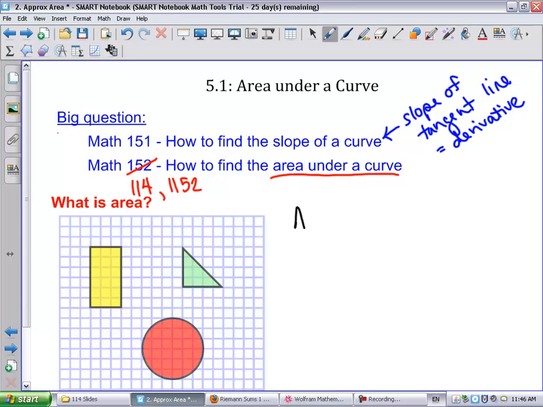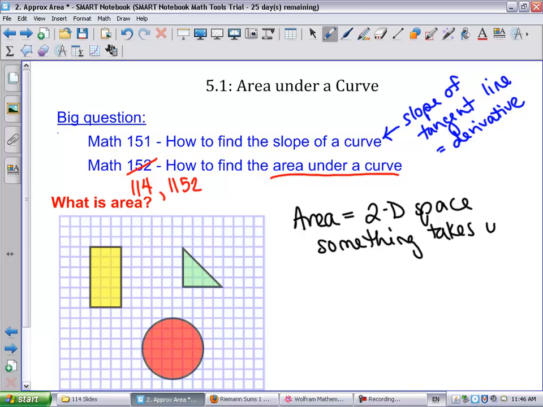The easiest way to say it is, it's the two-dimensional space something takes up. So we're looking for how much two-dimensional space, and we're going to measure it in squares.